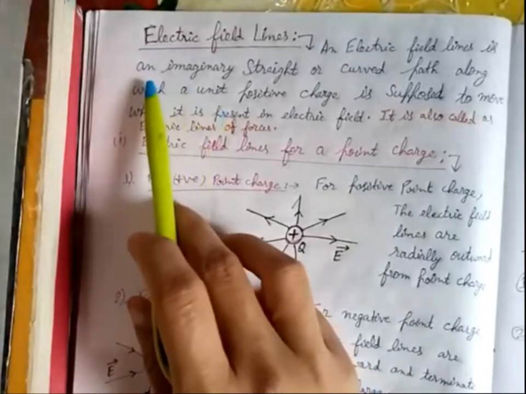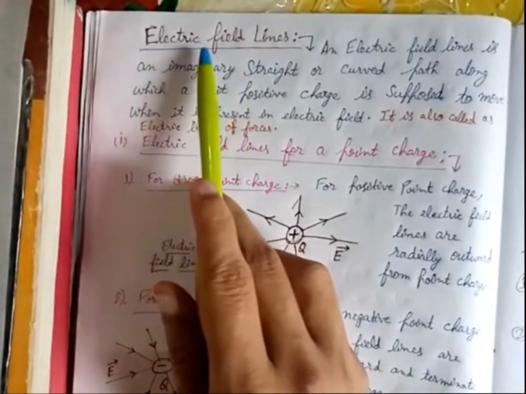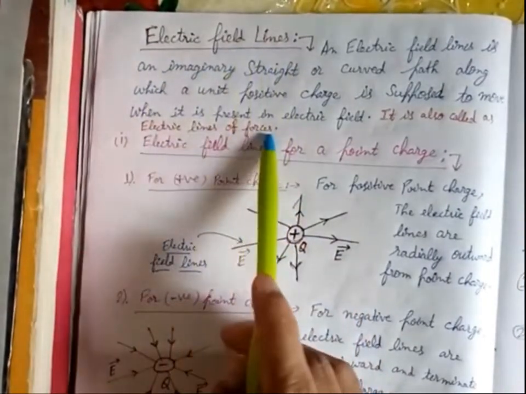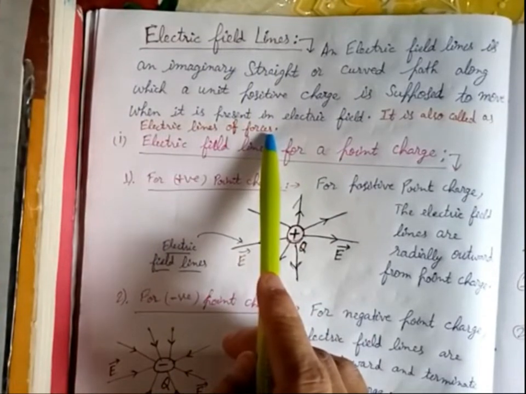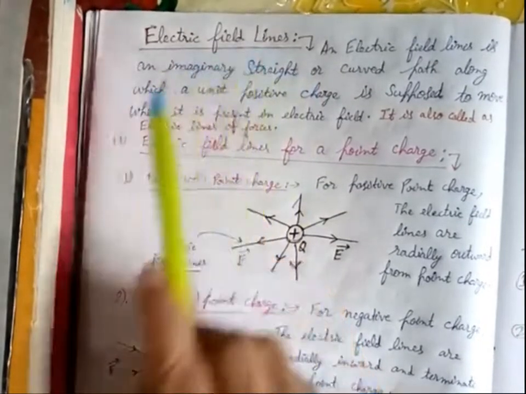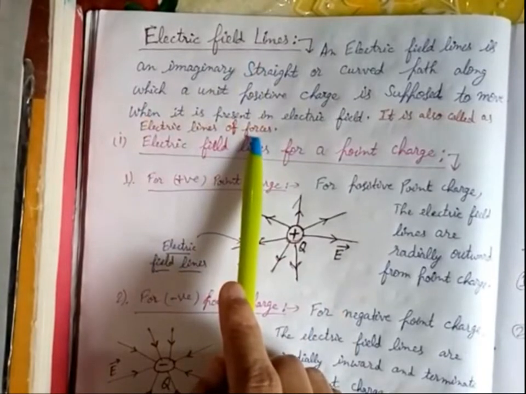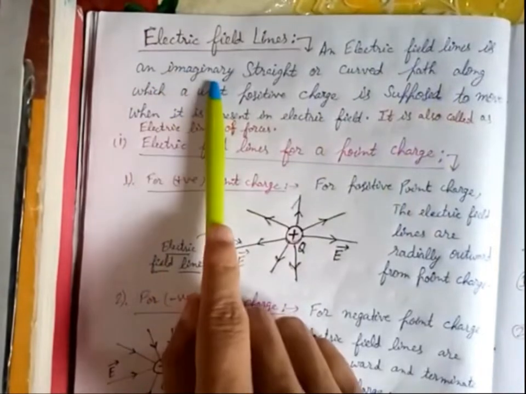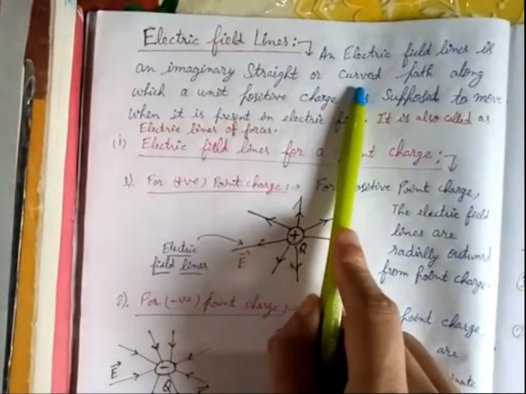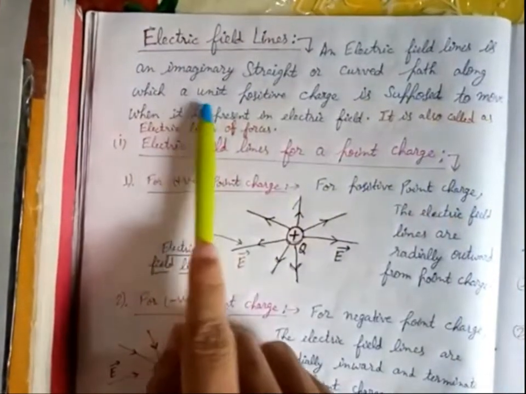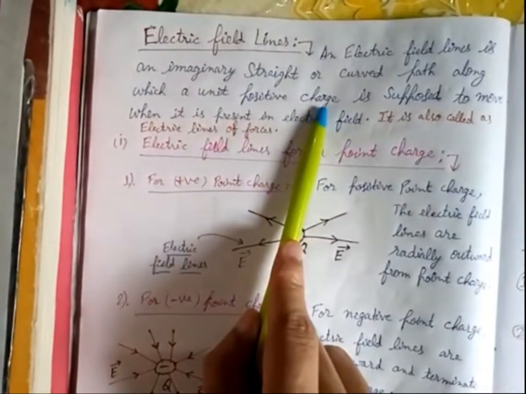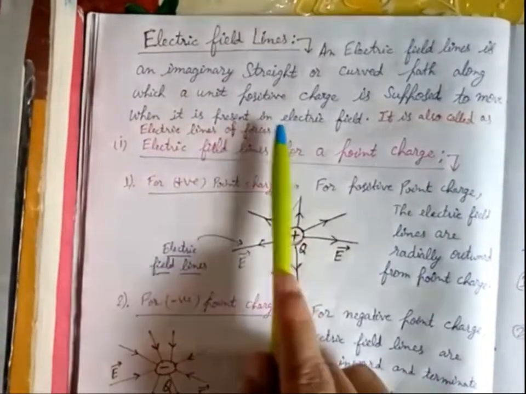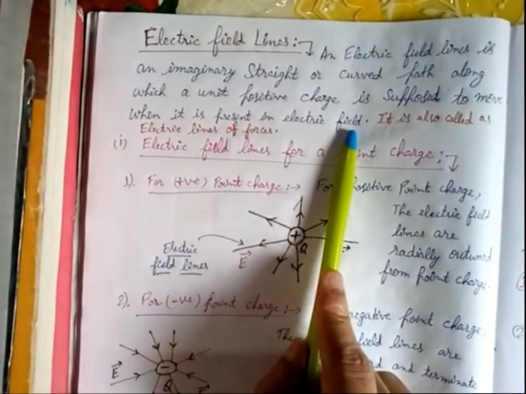Now the next topic, we have to start the electric field line, which is also called electric line of forces. So what do we mean by electric field line or electric line of forces? The definition tells us that an electric field line is an imaginary straight or curved path along which a unit positive charge is supposed to move when it is present in an electric field.